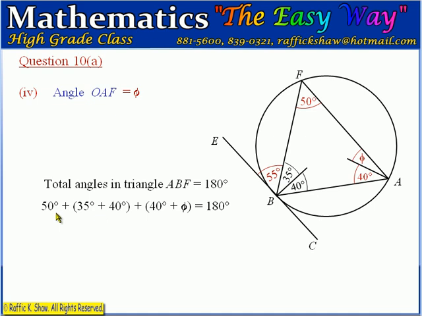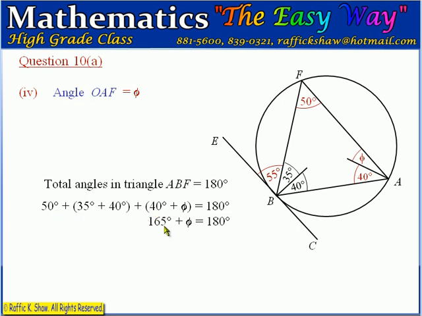And so from here this calculation becomes 165 degrees plus phi is equal to 180 degrees, because 50 degrees plus 35 degrees, that's 85 degrees, and then we're adding 40 more degrees, that's 125 degrees, plus 40 degrees, that's 165 degrees.